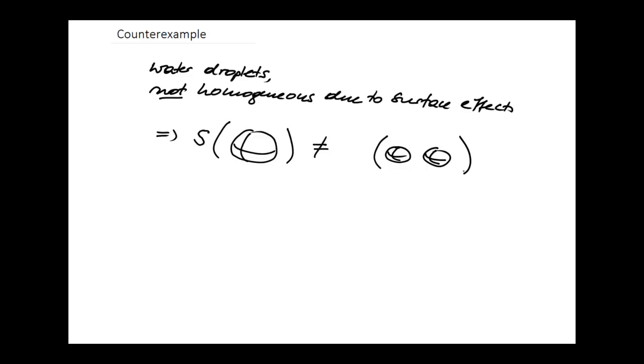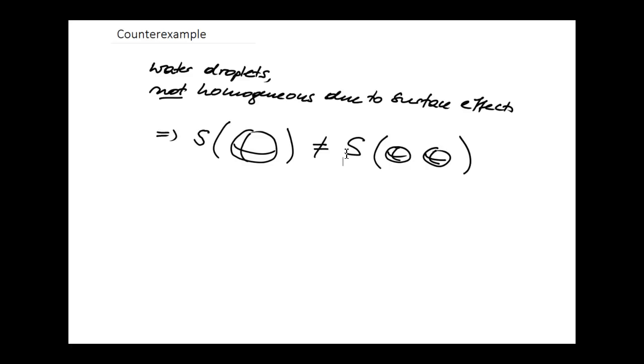then the sum of the entropies of the two small water droplets will not be equal to the entropy of the big water droplet. And that is due to the surface effects. Maybe another way to see it, you could invert the equation. You can look at the energy as a function of entropy, particle number, and volume.